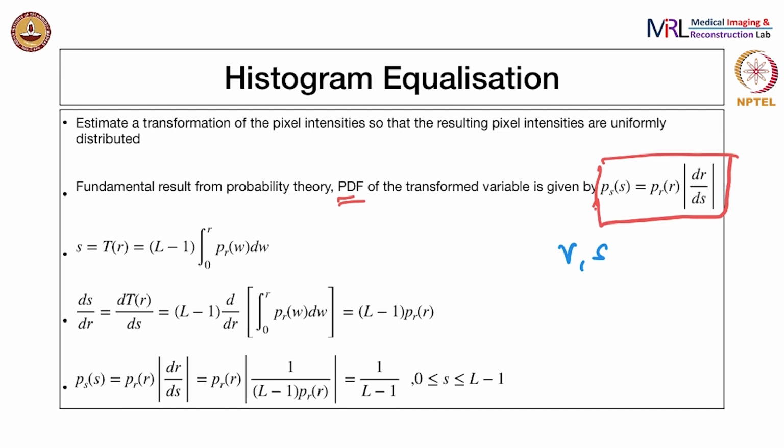It's fine, just for understanding. The subscripts R and S correspond to the intensity values in two different images. At this point, let's just assume they are images.